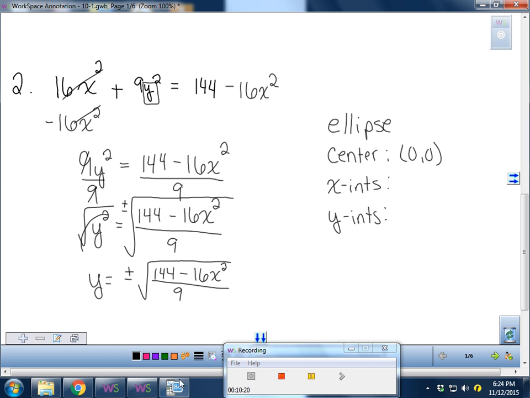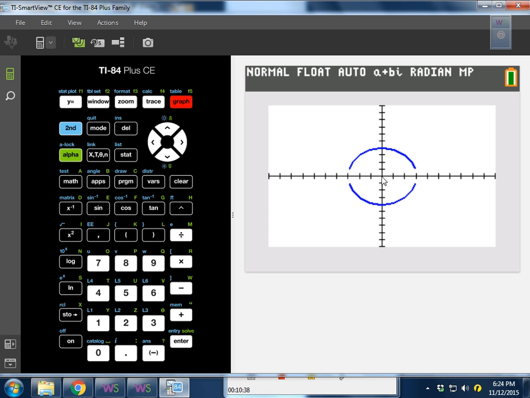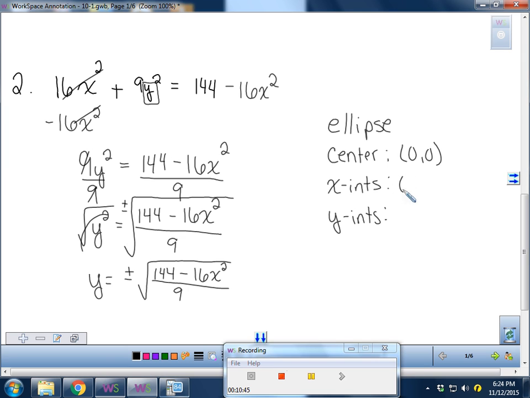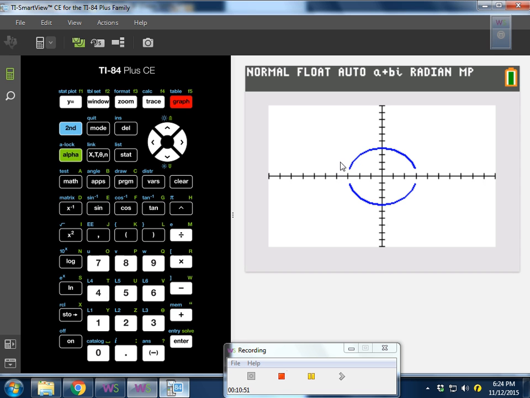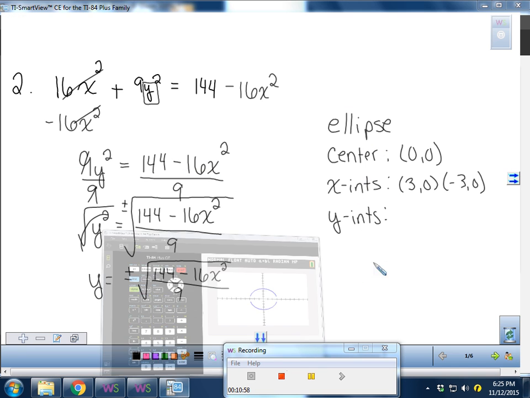If I look at my x-intercepts, I've got one at 3, 0, one at negative 3, 0, and then I also have y-intercepts at 0, 4, and 0, negative 4.